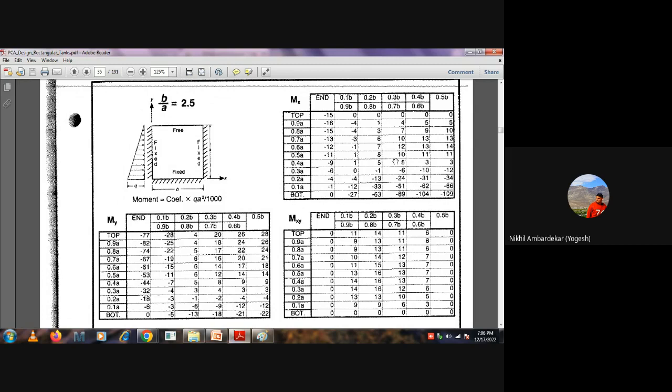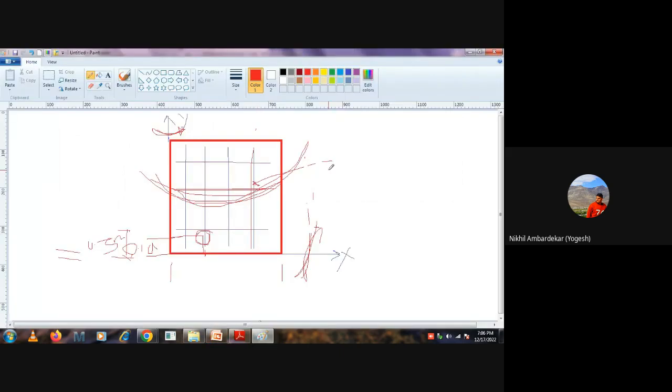Why not all positive? Tension and compression, sir. Sagging and hogging. Yes, it's correct. Sagging and hogging.